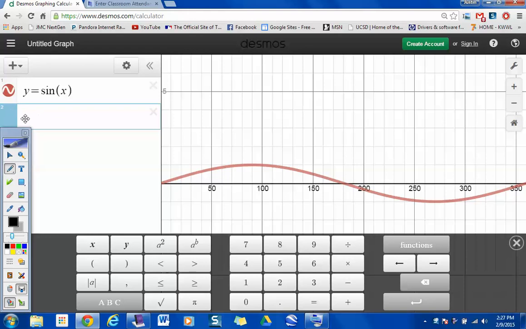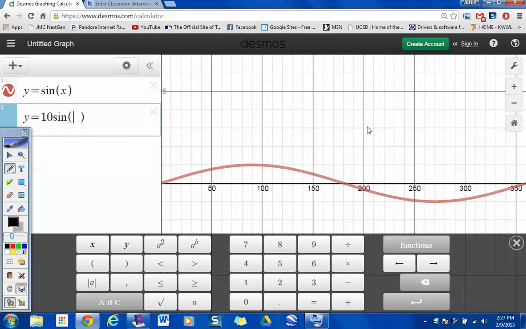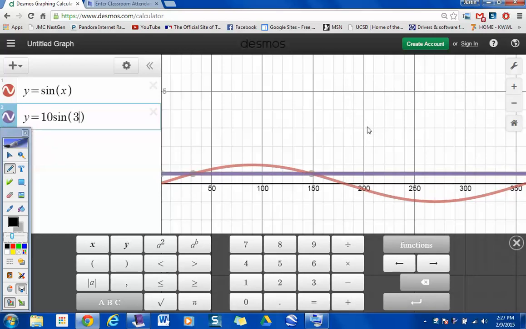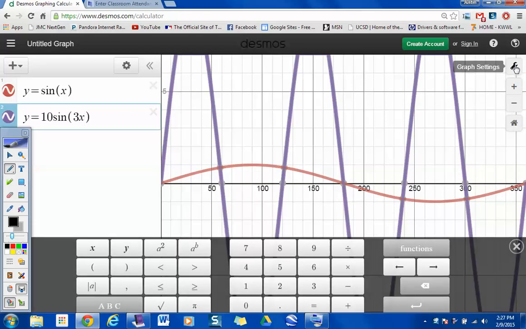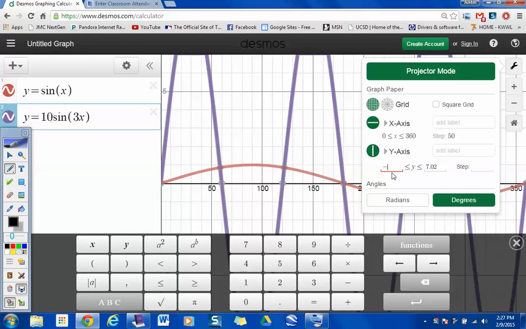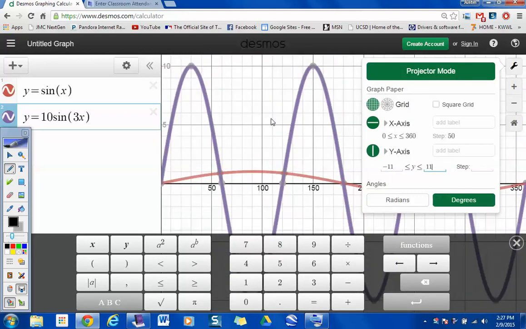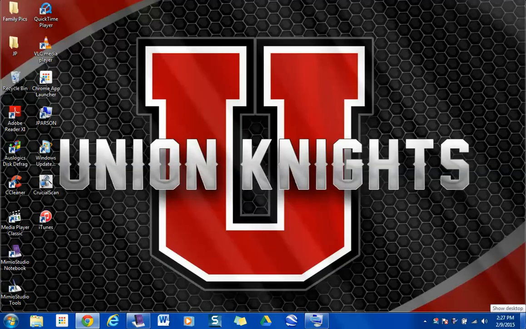The function we wanted was y equals, was it 10 sine of 3x? Yeah. Okay. Let me change the y-axis here a little bit so we can see negative 11 up to maybe 11.